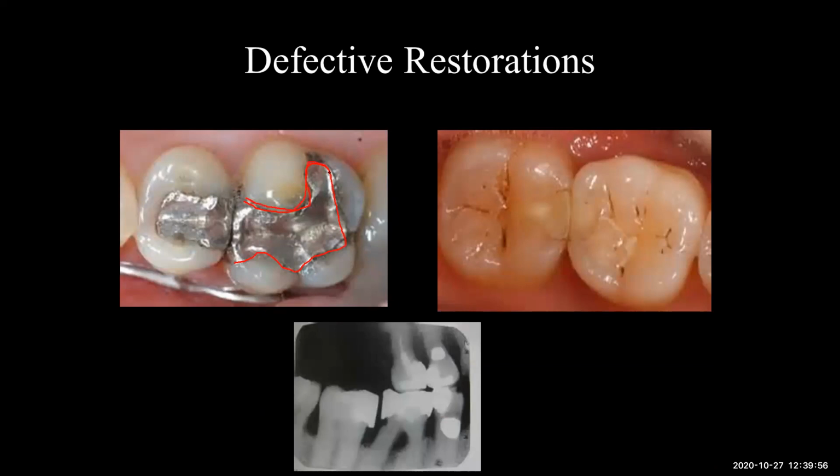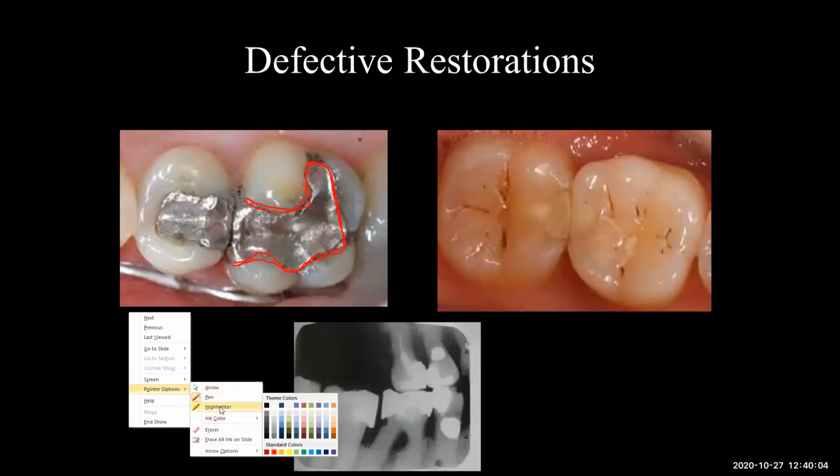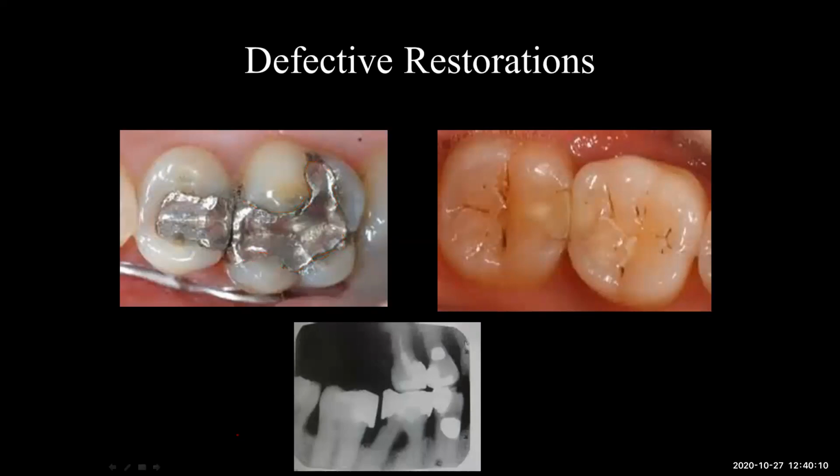You would put in Dentrix that it had a defective margin, and it would put a red line around the blue amalgam. So red is usually indicating needs to be done. Blue is existing, and sometimes green is we did it here. Defective restoration. And this is just wrong on all accounts.